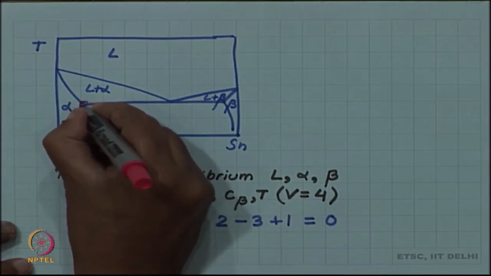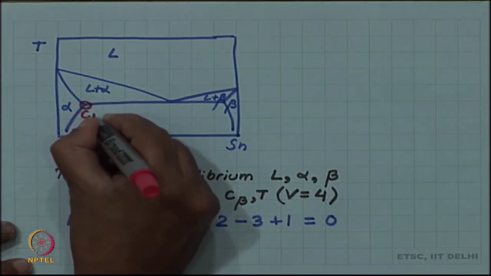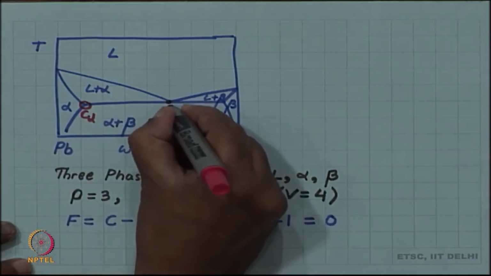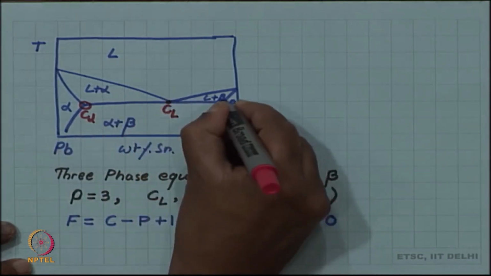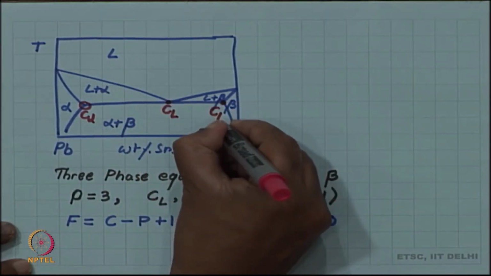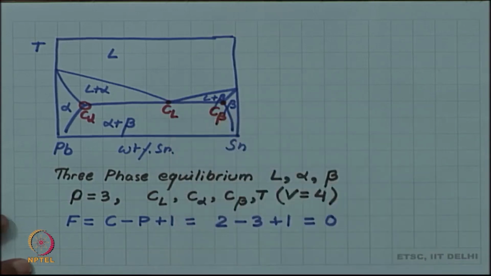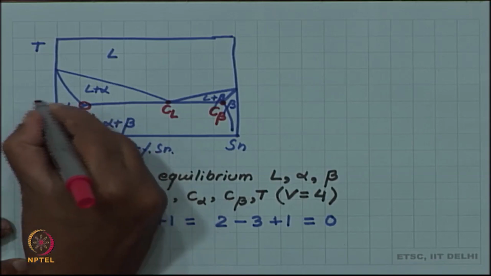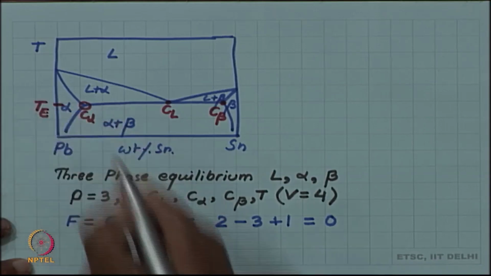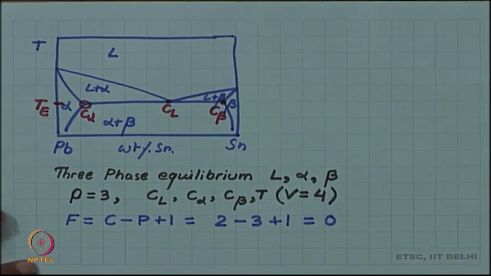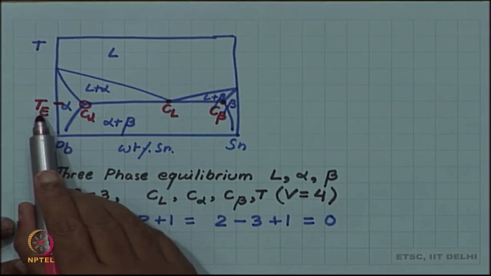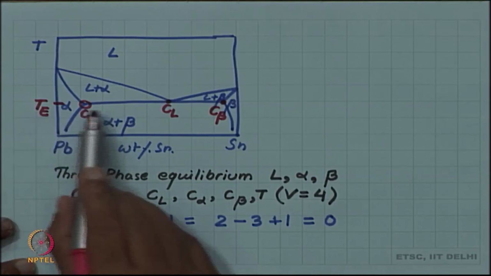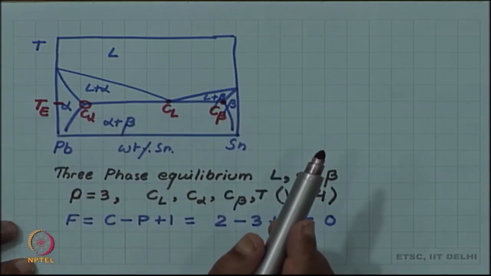The eutectic line gives you that the alpha composition is this, the liquid composition is here in the middle, and the beta composition is at the beta end, and the temperature is fixed at the eutectic temperature. So, the 3 phase equilibrium is possible only at this temperature, and the composition of each phase is specified.